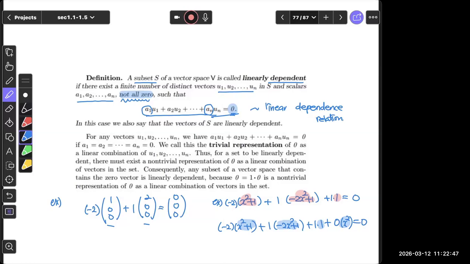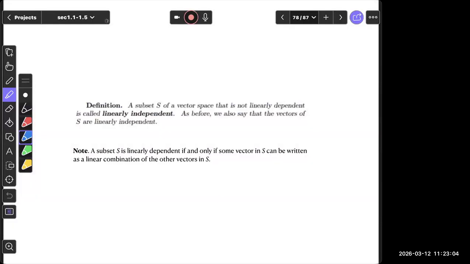So with such coefficients, if we can produce the zero vector, then we say these vectors are linearly dependent. Otherwise, a subset S of a vector space will be called linearly independent if those vectors are not dependent.